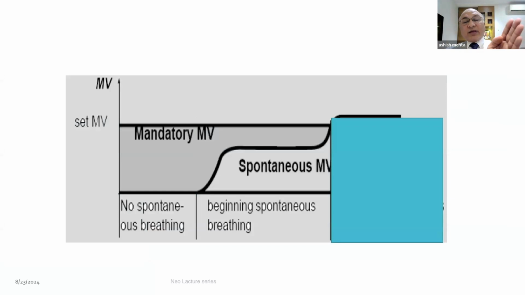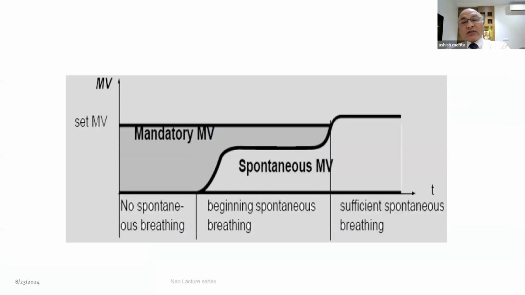When the baby's spontaneous breaths are beginning, there is some mandatory and some spontaneous ventilation. And the moment the baby is breathing spontaneously nicely, no mandatory ventilation, only spontaneous breathing will happen.